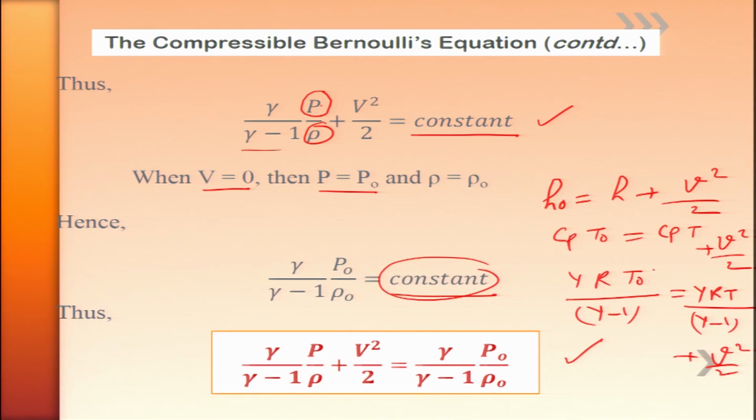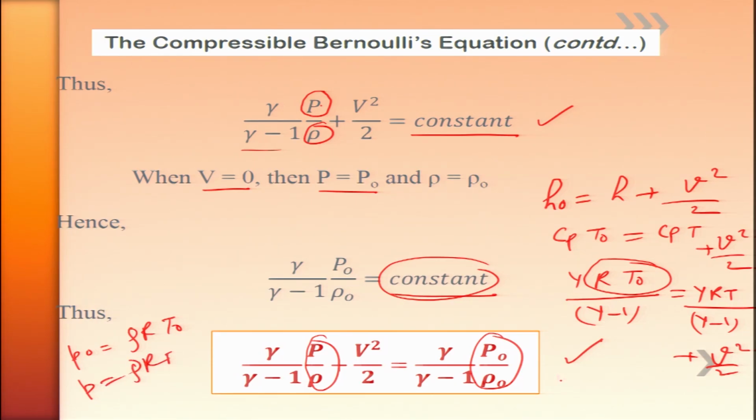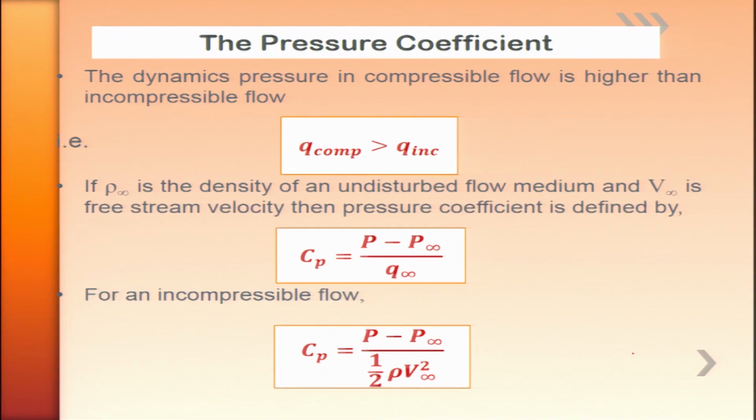Introducing the equation of state, P naught equal to rho R T naught and P equal to rho R T, that will again lead to the same equation. So whatever way you adopt, you will find an equation of this form, which is known as the compressible form of Bernoulli's equation. Now let us see one more topic, that is the pressure coefficient.